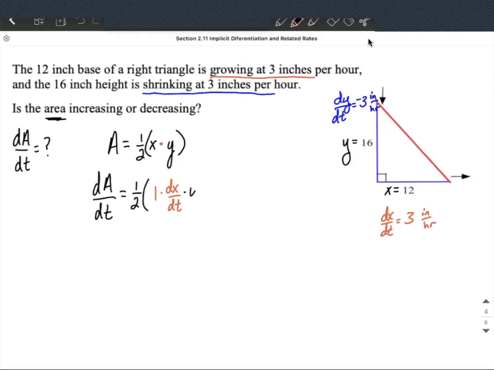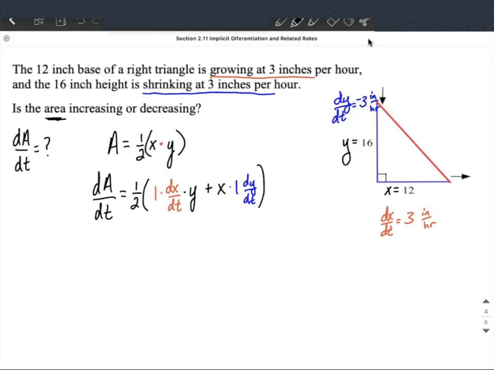Next, we carry along the y. First derivative of the first multiplied by the second, plus you keep the first one the same, and then you multiply by the derivative of y. So the derivative of y is 1, but y was our variable, so we need to include a dy/dt next to this.